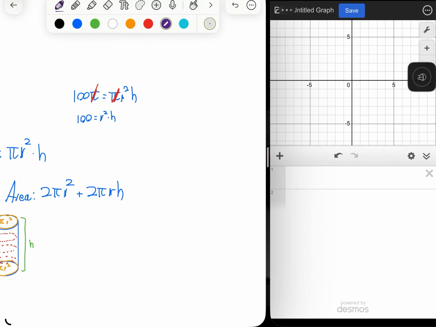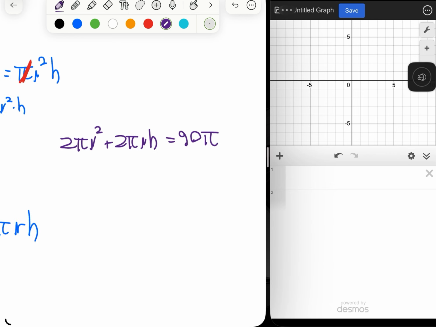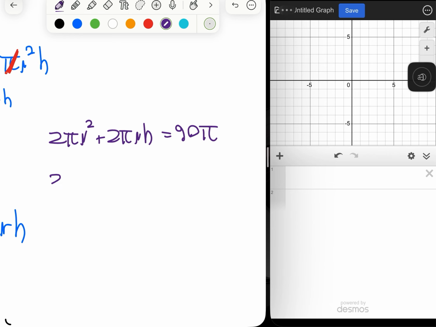So you have 2 pi r squared plus 2 pi r h equals 90 pi. On the left side, you can factor out a 2 pi r. Of course, these pi's cancel out. Then you have 2r times r plus h equals 90.